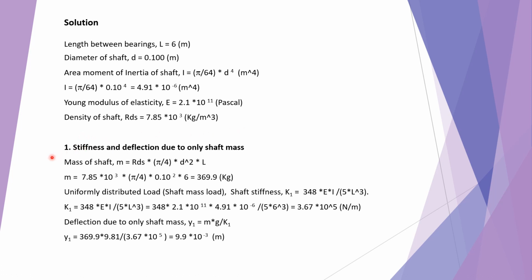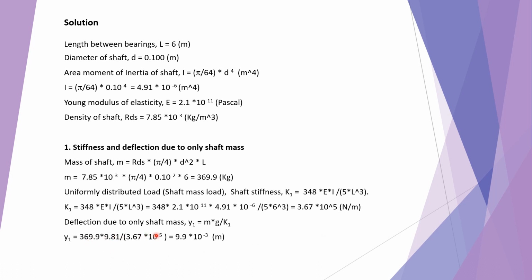Now first point, stiffness and deflection due to only shaft mass. Mass of shaft M is calculated as ρ_S π by 4 d² into L. After putting this value it is coming 369.9 kg. Uniformly distributed load shaft stiffness K1 is equal to 384 EI upon 5 L³. So K1 is 3.67 into 10^5 Newton per meter.